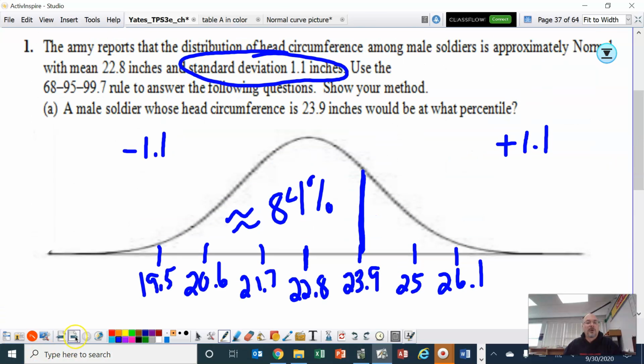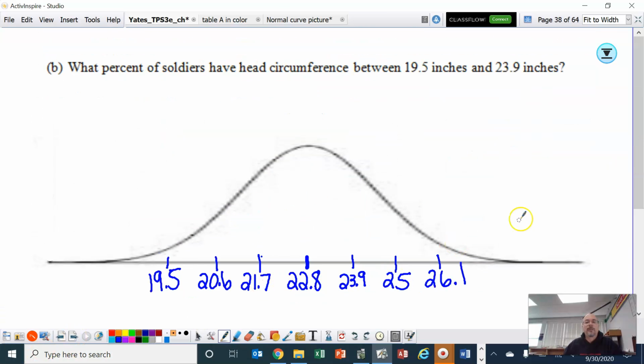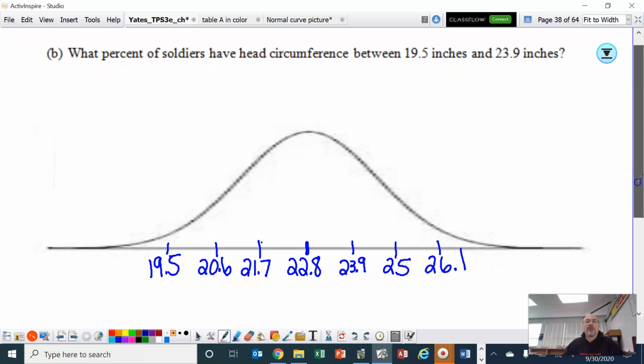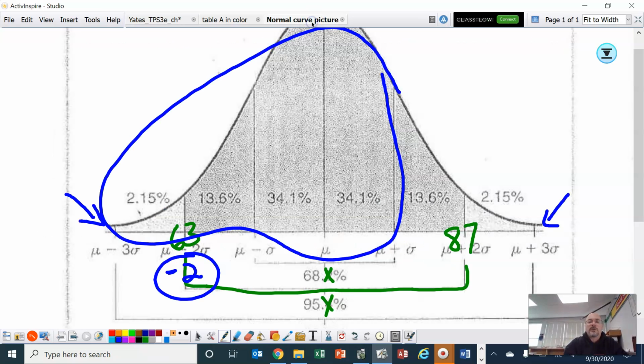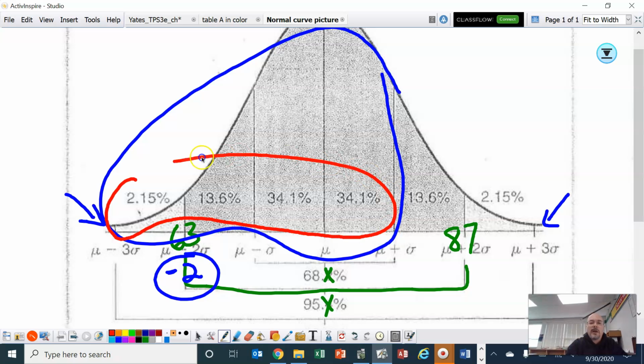All right, let's keep going here. All right, so what percent of soldiers had head circumferences between 19.5 and 23.9? Well, 19.5 is 3 below to 23.9, which is 1 above. All right, well, again, you can use this picture, ladies and gentlemen, and you simply can go 3 below to 1 above.